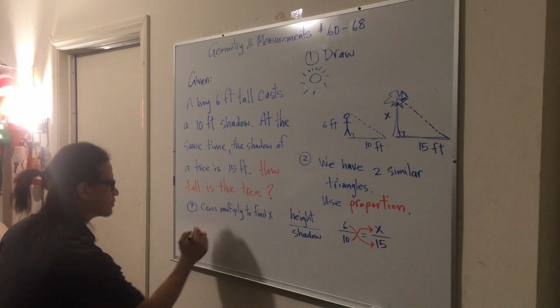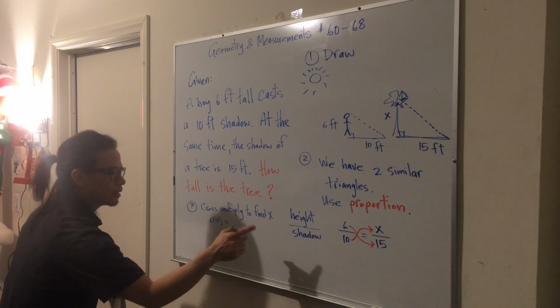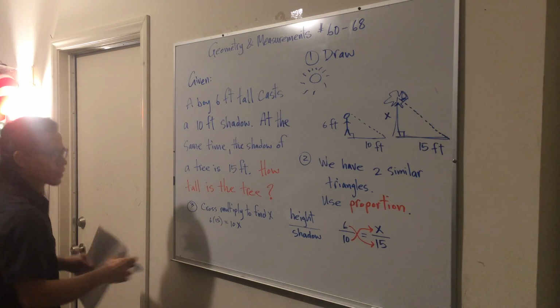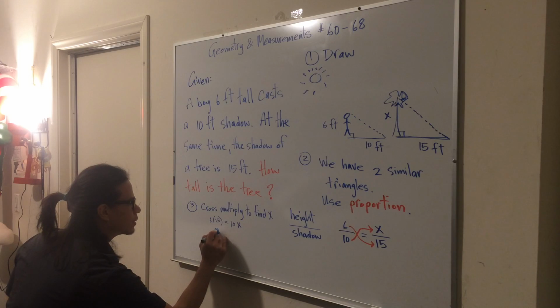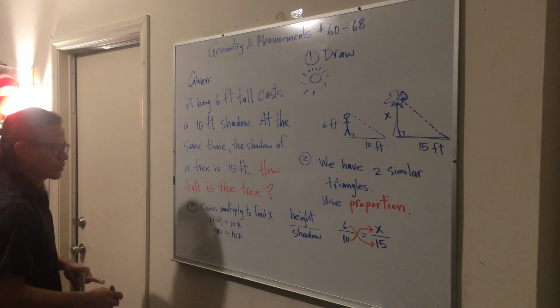Okay, so 6 times 15 equals 10 times x. 6 times 15 will get 90 equals 10x.